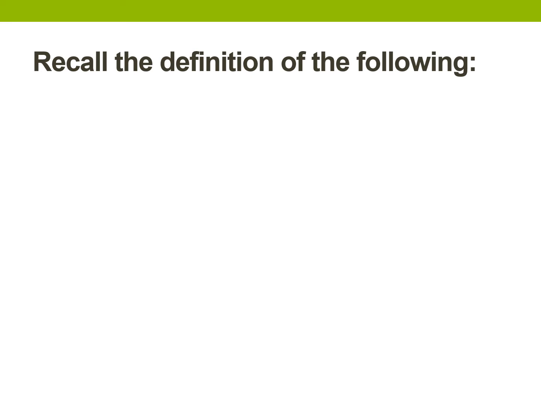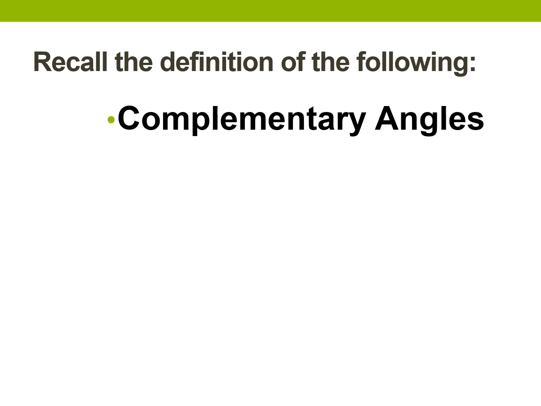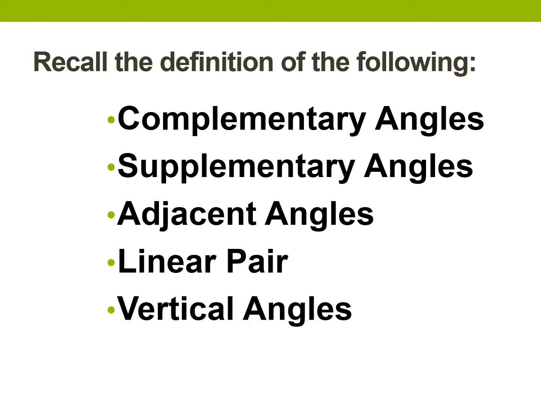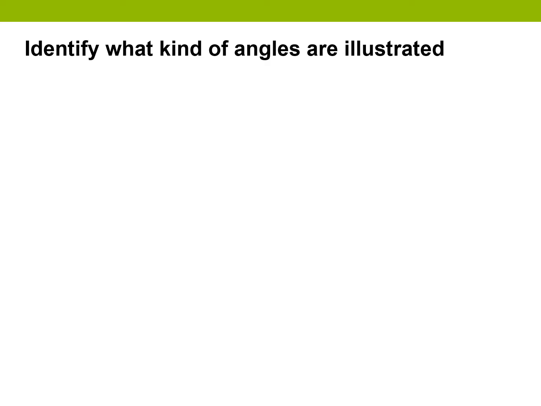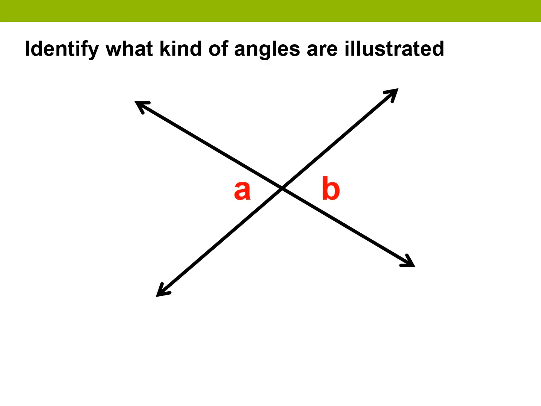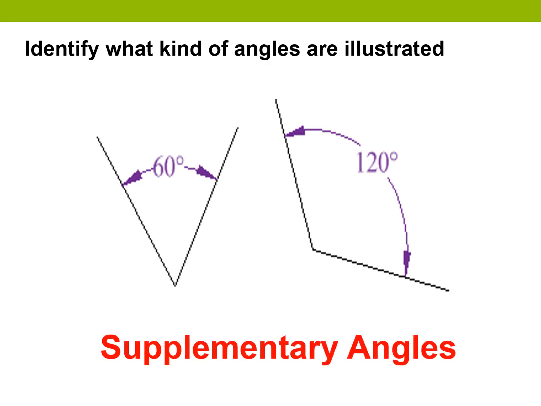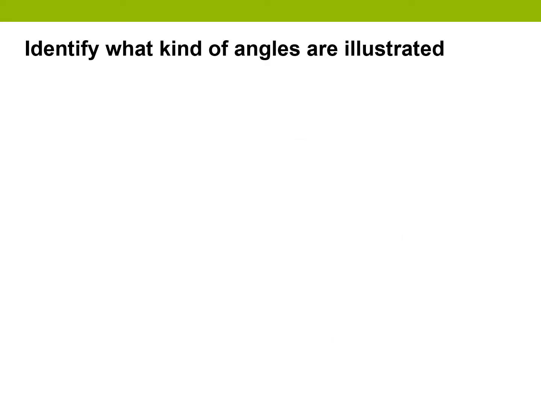So let's recall the definitions of the following: complementary angles, supplementary angles, adjacent angles, linear pair, and vertical angles. Identify what kind of angles are illustrated. First, angle A and angle B are vertical angles, correct. Next, with measures of 60 degrees and 120 degrees, they are supplementary angles.